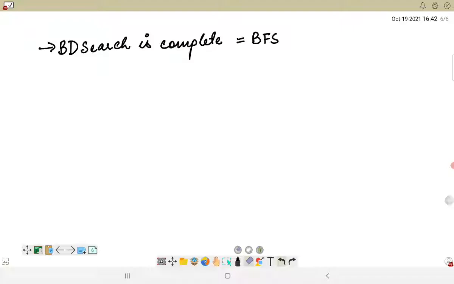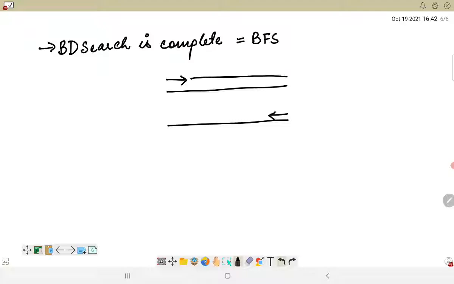Let me give you a very generic example. Suppose your friend and yourself, both of you are traveling through two parallel roads in order to meet each other. Your friend is traveling from this point and you are traveling from this point. Now if these are two parallel roads, then the entire road will first be traversed until it reaches the end, and then it will backtrack and move in a different direction.